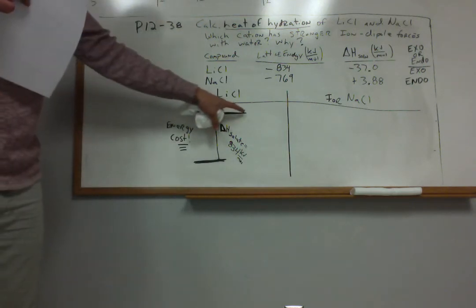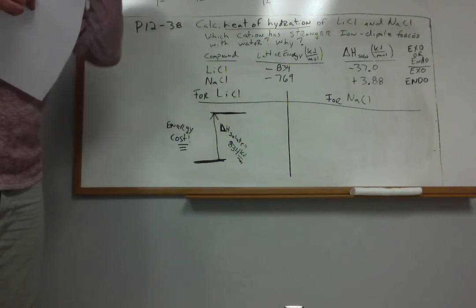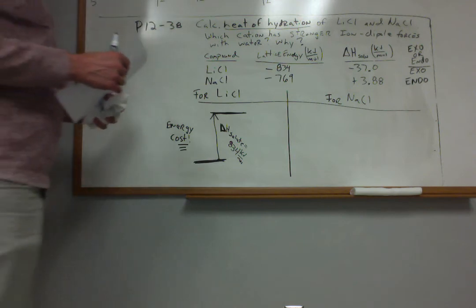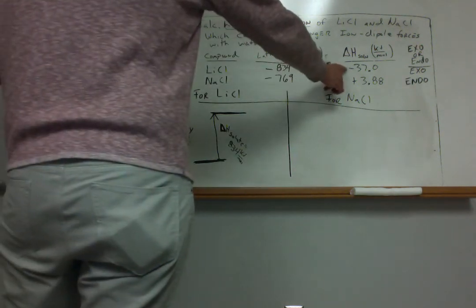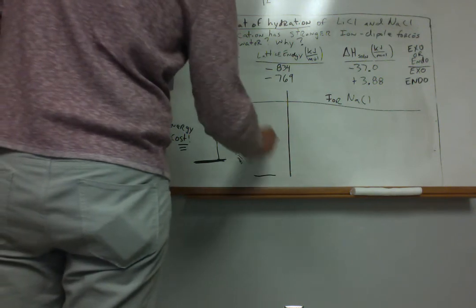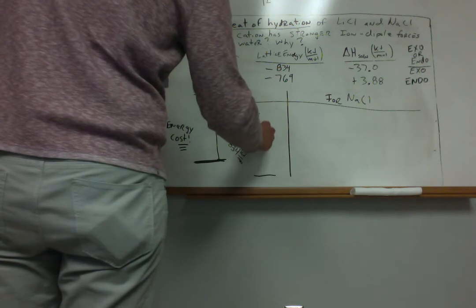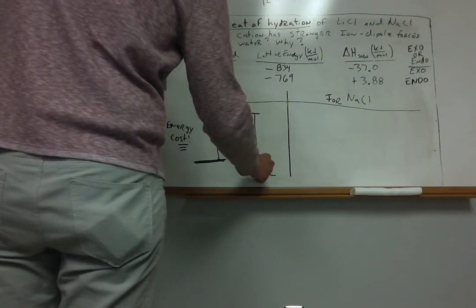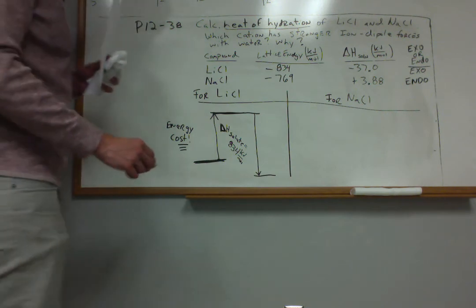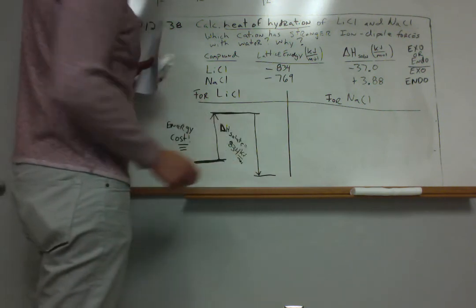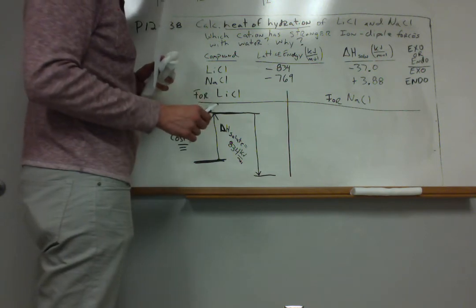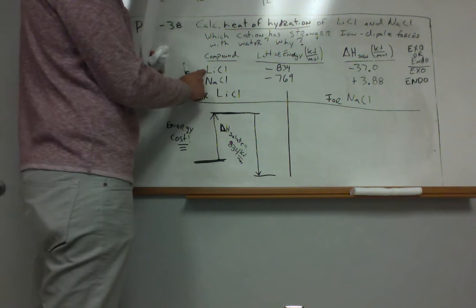Now, once we break apart the ions, we can then dissolve them in water, or hydrate them. Looking at this number, being a -37, I know I can draw a down arrow, meaning we move lower in energy. That step corresponds to the formation of new intermolecular forces between the ions in the salt and water.